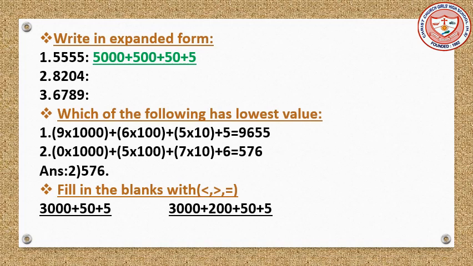So what will be the answer, girls? Correct. Why so? Because we know 3055 is lesser than 3255. Okay?